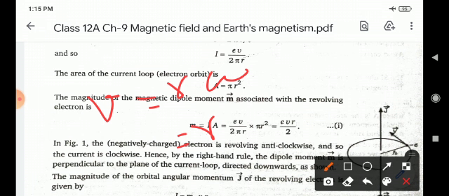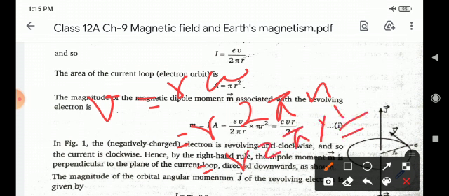If the motion is circular, that is the angular velocity. v equal to r omega is the relation between v, r and omega. Children, omega is equal to 2 pi n, where n is the frequency, and n is equal to 1 upon T. v equal to 2 pi r into 1 upon T.